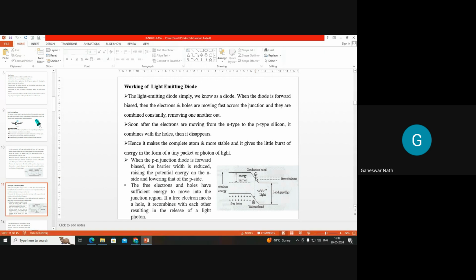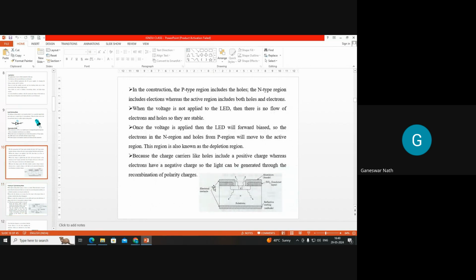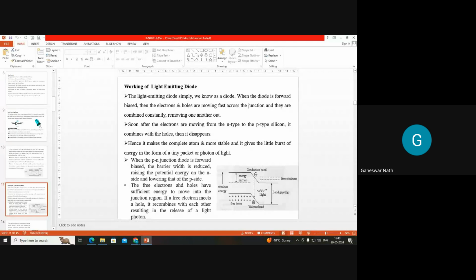The light emitting diode is simply a diode. When the diode is forward biased, the electrons and holes move fast across the junction and combine constantly, removing one another. When a metallic contact is given to both the upper and lower layer, there is movement of the charge carriers.